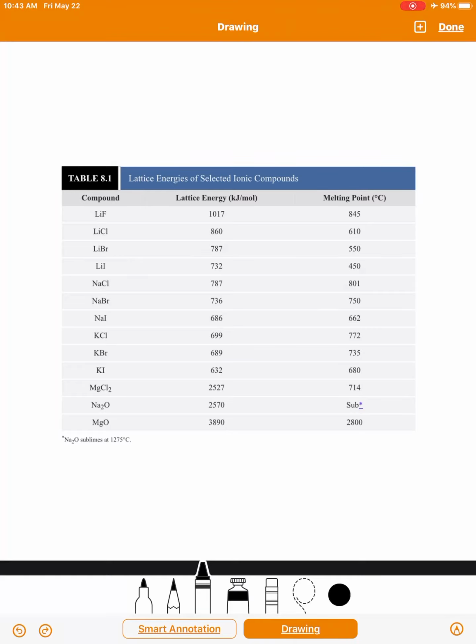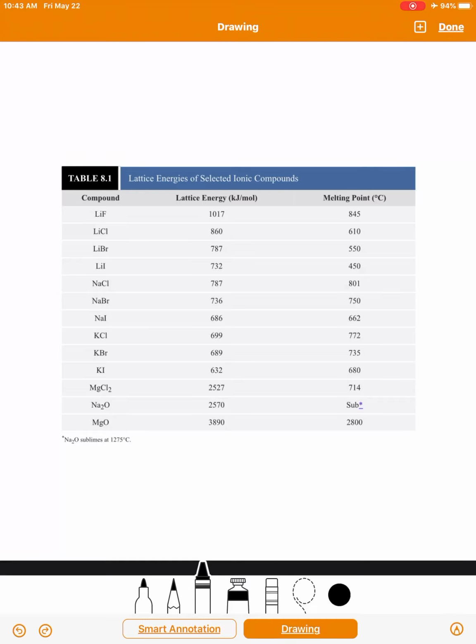If you look at the bottom, MgCl2, Na2O, and MgO. See how the lattice energies are getting bigger? The biggest one is MgO at 3890.